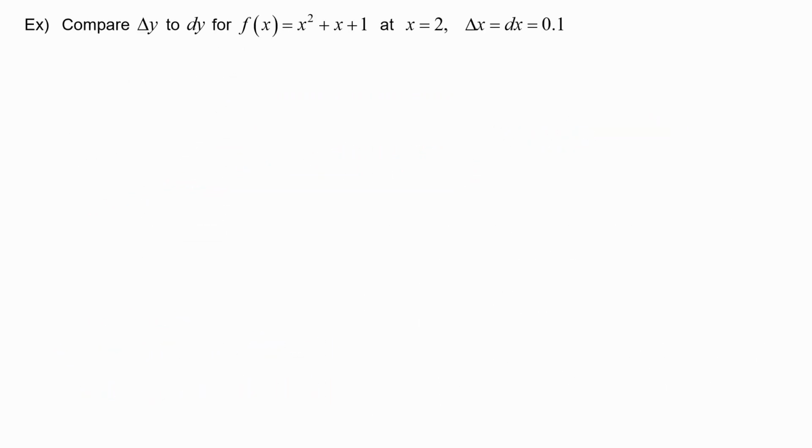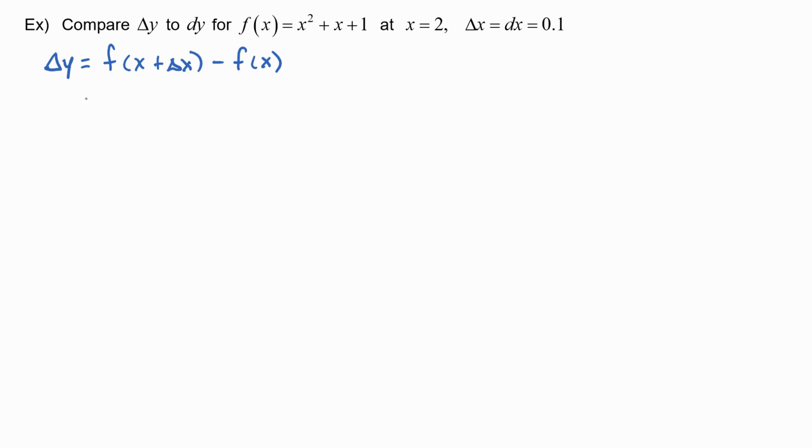Now, in this example, we have to compare delta y to dy for f(x) equals x squared plus x plus 1 at x equals 2, given that delta x, which we know is equal to dx, is equal to 0.1. Now, delta y, we know, is going to be f(x plus delta x) minus f(x).